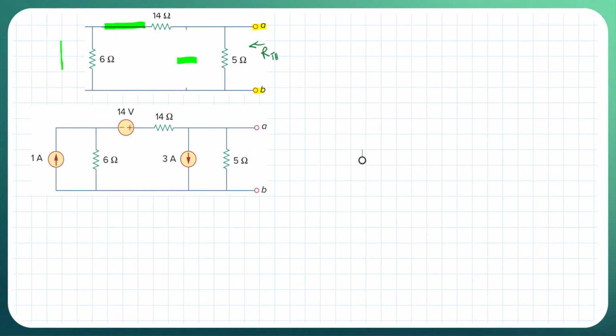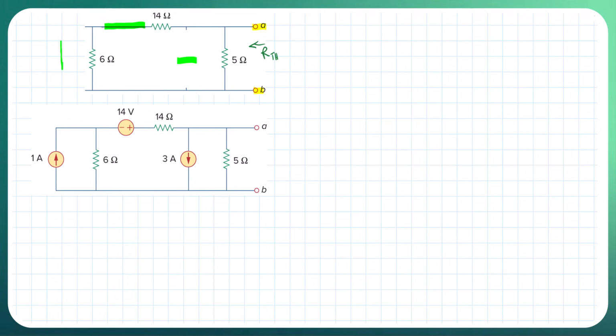What I like to do is go ahead and define the currents. How you define the currents is up to you. You can choose which direction you want to assign the currents and how you want to set up the problem.